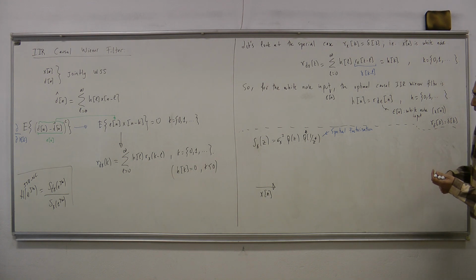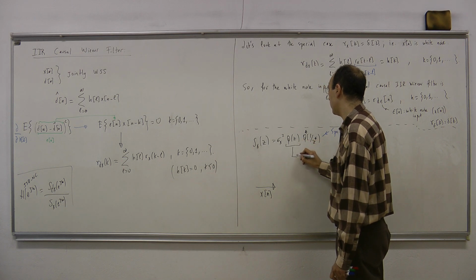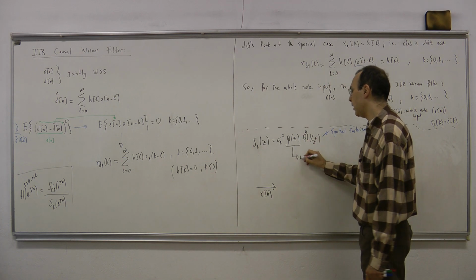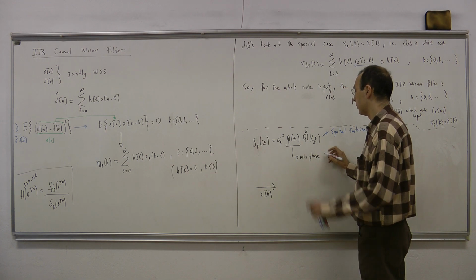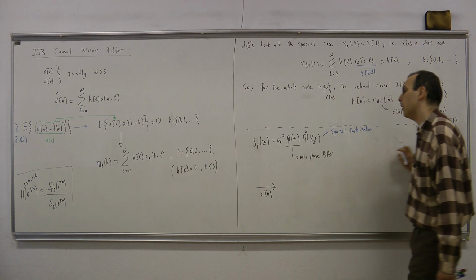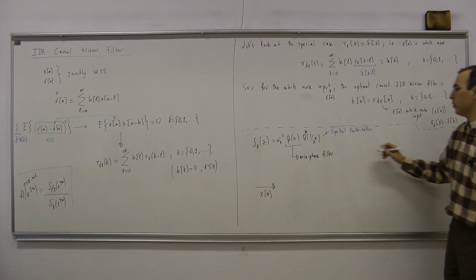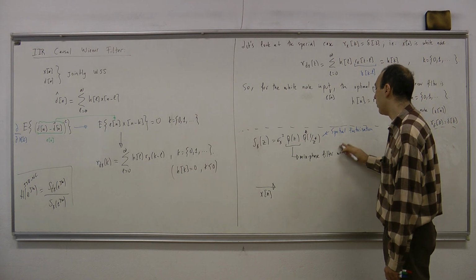But I would like to give some details on this. So Q of Z, what is this? A minimum phase filter, again, we have studied the meaning of this, which is a monic polynomial.